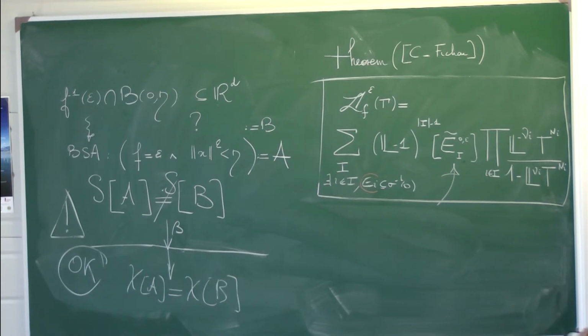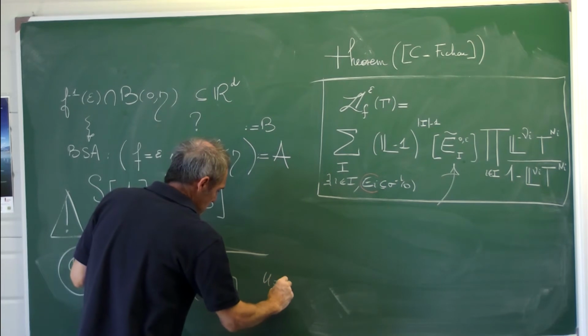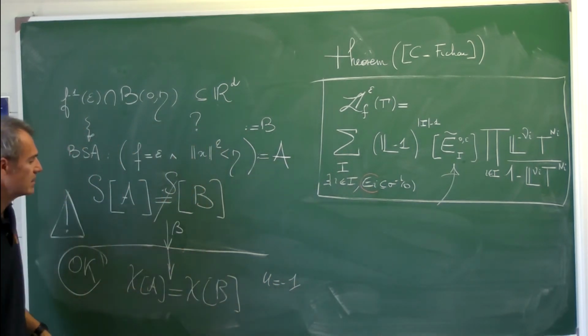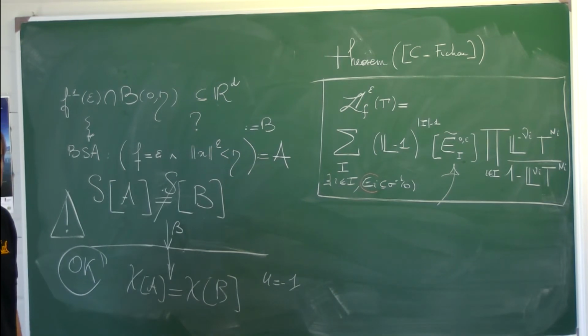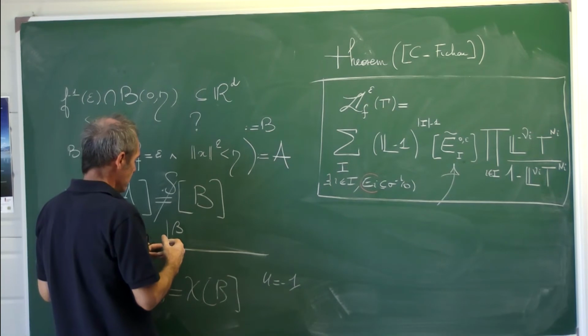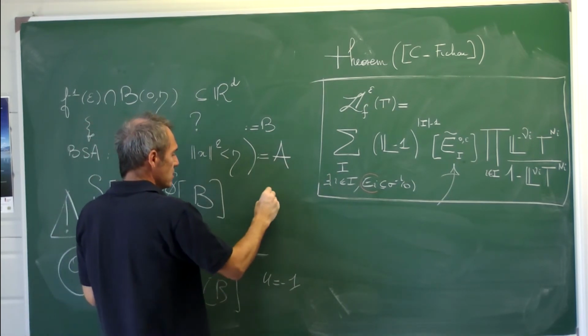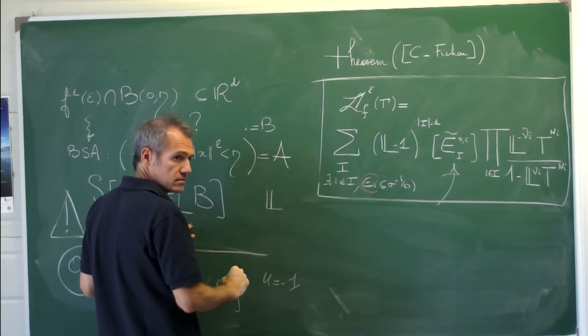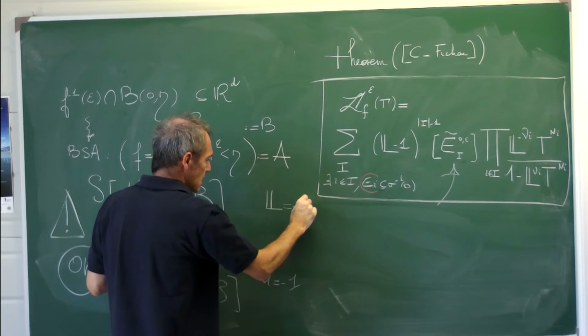Taking the Euler characteristic is the same as evaluating u at -1. And if we have the chance that at the level of classes we have a polynomial in L, taking the Euler characteristic is the same as replacing L by -1.